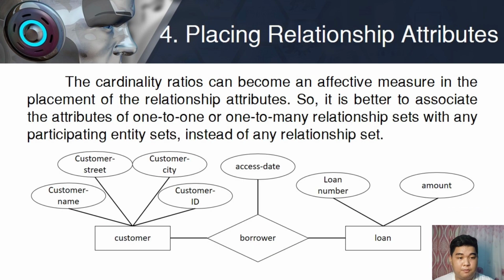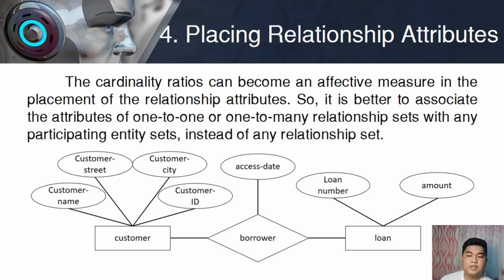And for the last, placing relationship attributes. The cardinality ratios can become an effective measure in the placement of the relationship attributes. So it is better to associate the attributes of one-to-one or one-to-many relationship sets with participating entity sets instead of any relationship set.